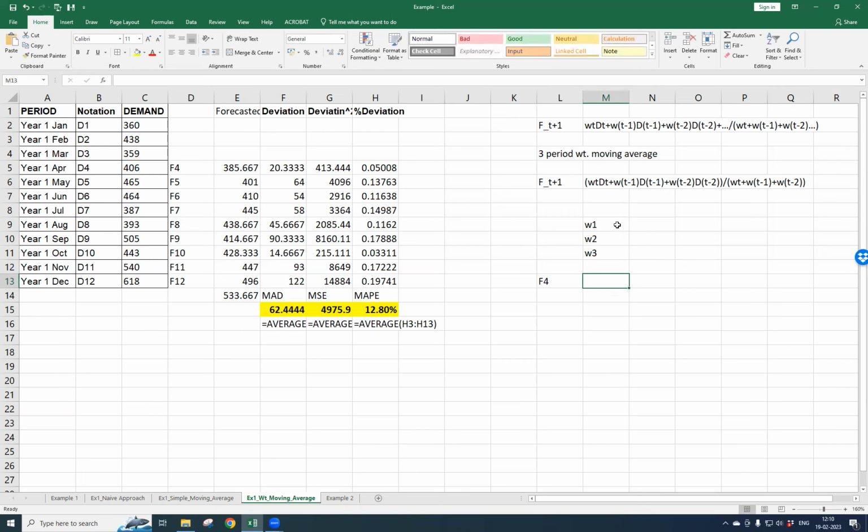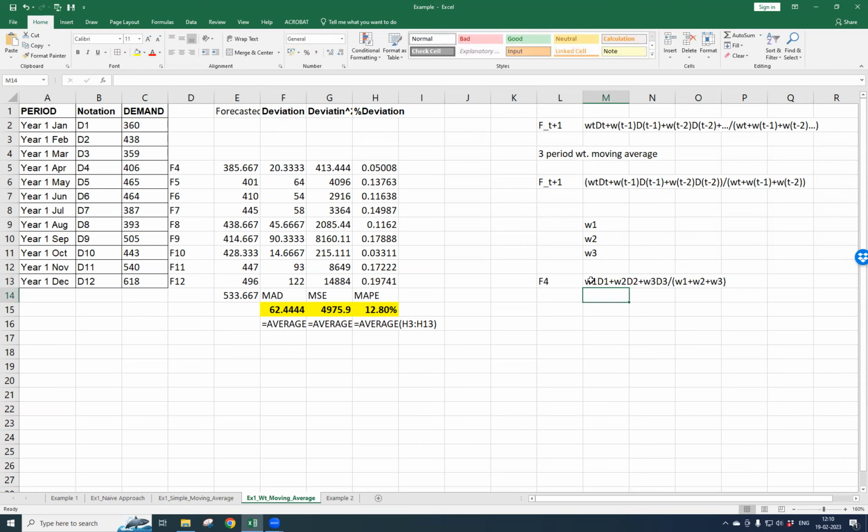So here also, I am directly starting from F4. It will become W1 D1 plus W2 D2 plus W3 D3 divided by W1 plus W2 plus W3.